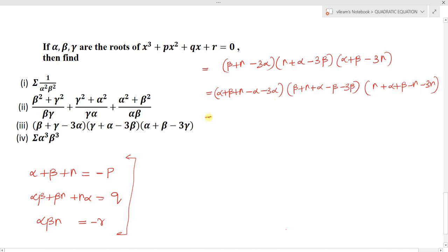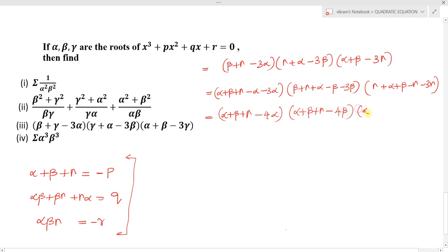So now we can write this as alpha plus beta plus gamma. The first term can be written as alpha plus beta plus gamma minus 4 alpha. Then the next term is also alpha plus beta plus gamma minus 4 beta.